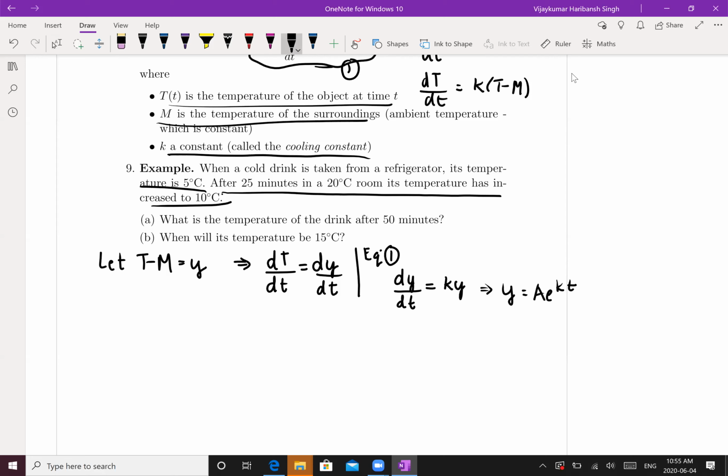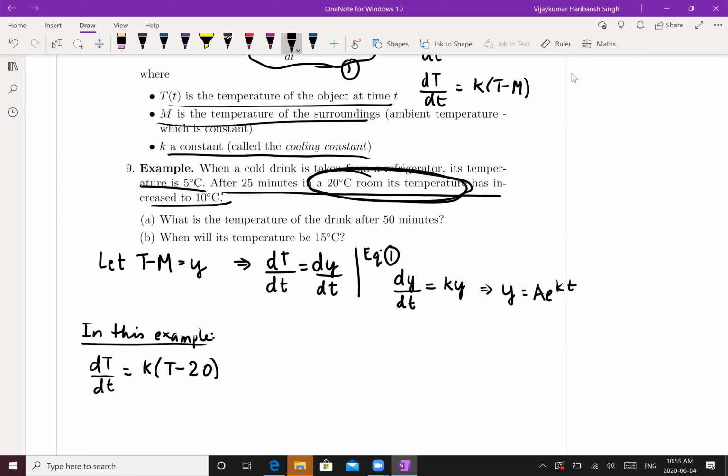So in this example, what do we have? We have dT by dt equals k times T minus, what is the temperature of the surroundings? The drink is kept in a 20-degree room, so it's going to be T minus 20. All right. Now, is there any extra information given to us?